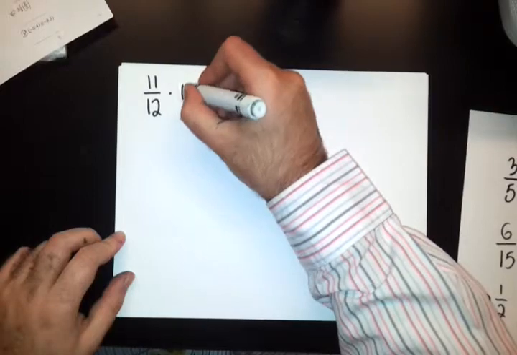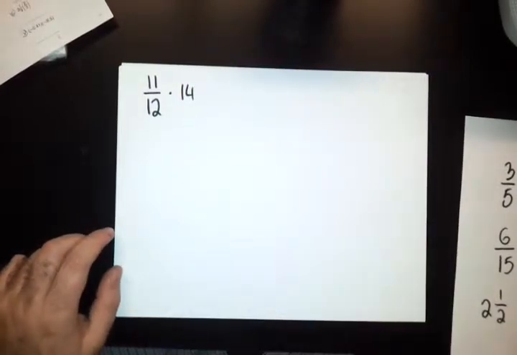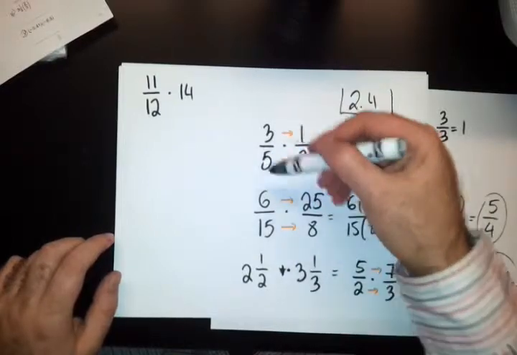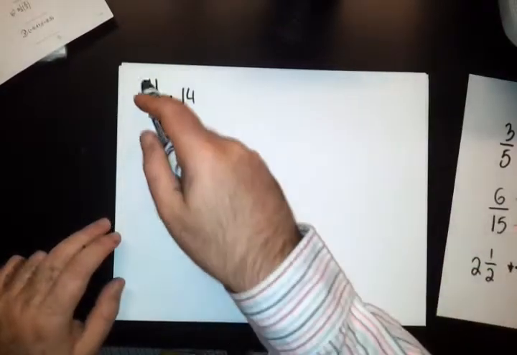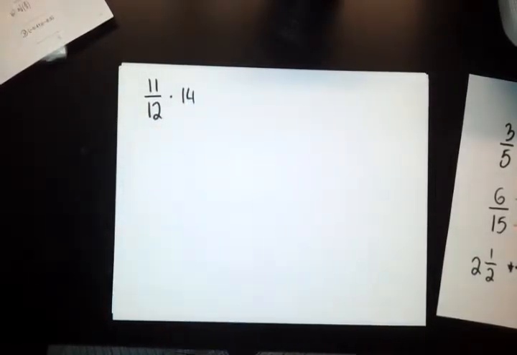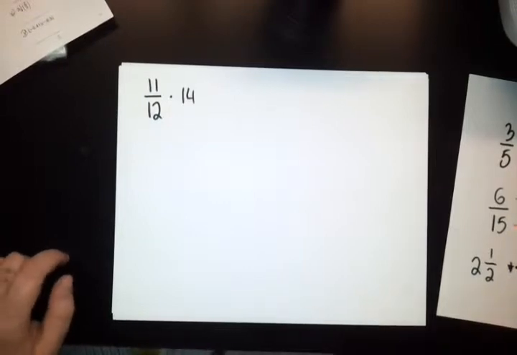Let's say times 14. Well, normally you're used to multiplying fractions which have distinct tops and bottoms, numerators and denominators. Here you have a fraction with a distinct top and bottom, and then you have that. No top, no bottom, just a number.